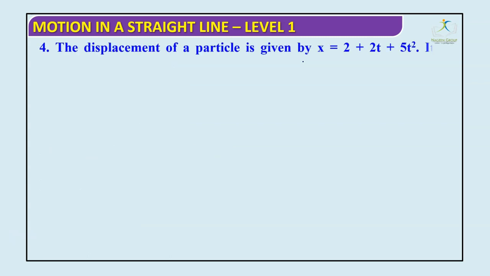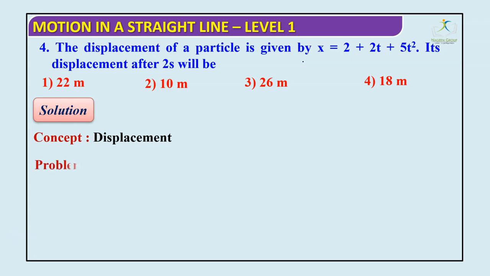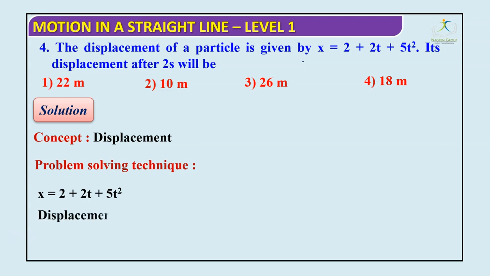Next question is, the displacement of a particle is given by x equals 2 plus 2t plus 5t square. Its displacement after 2 seconds will be 22 meter, 10 meter, 26 meter, or 18 meter. Solution. The concept we apply here is displacement. The equation is x equals 2 plus 2t plus 5t square.